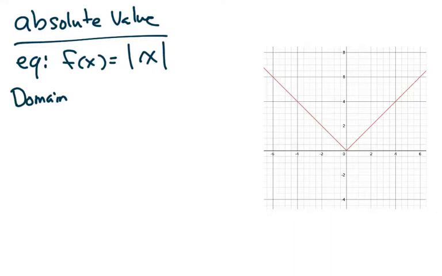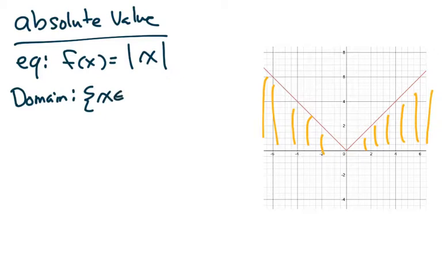The domain. Okay. Well, what does this cast a shadow on? Everything. Okay, you can plug in any real number into the absolute value, and you get an output. Really, the positive version of that. So the domain is just going to be x is an element of the reals, such that x is between negative and positive infinity. All right.